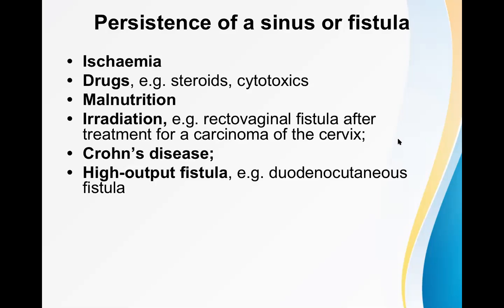One is surgery, another is radiotherapy, and another is chemotherapy. Now, irradiation means radiotherapy. Some of the adverse effects of this radiotherapy would be formation of rectovaginal fistula, or even surgery can lead to the formation of that. So in rectovaginal, the fistula's connection is between the rectum and vagina.